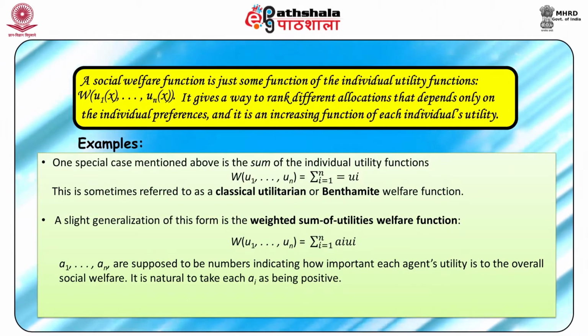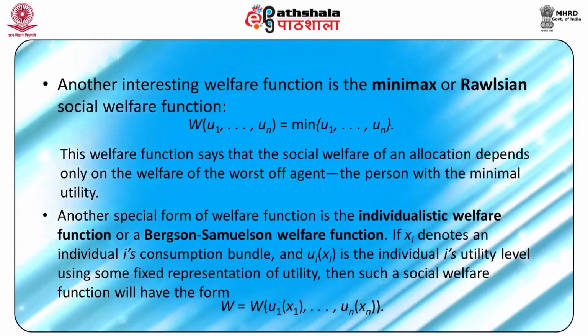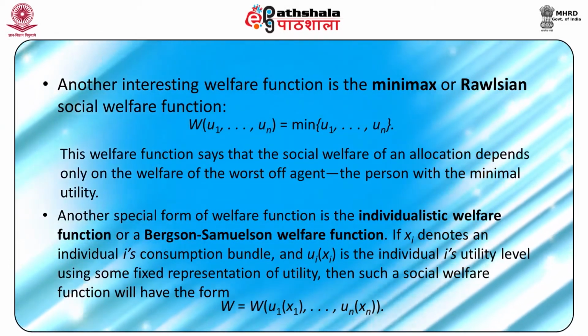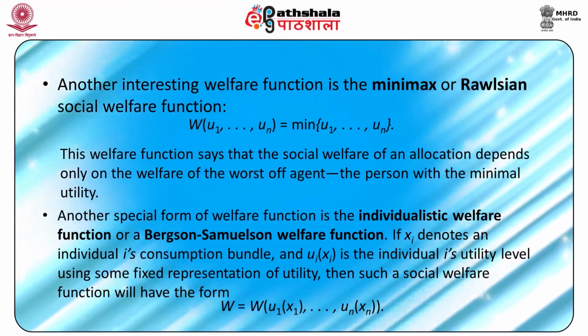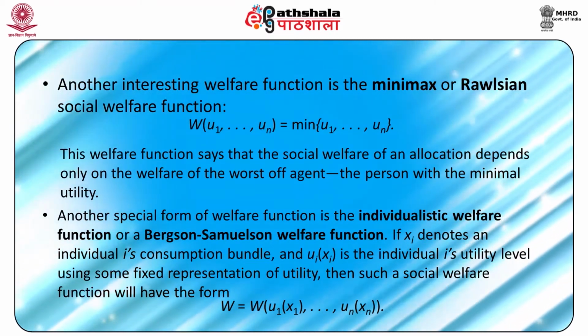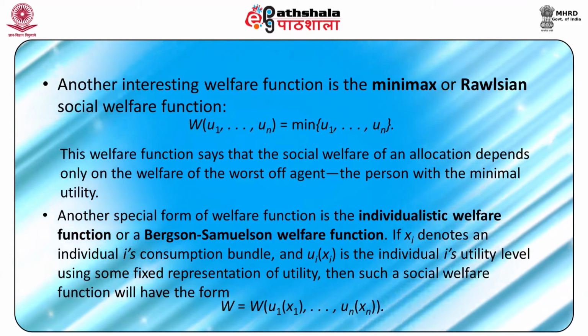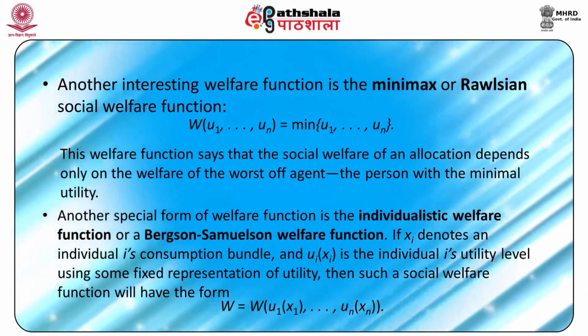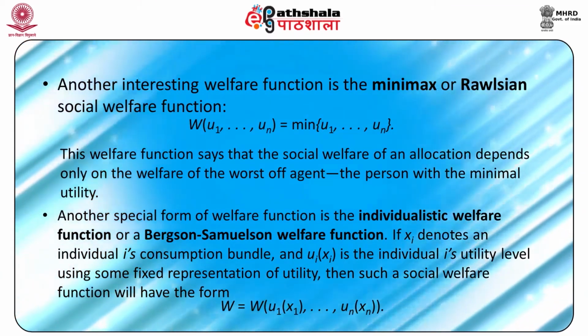It is natural to take each a_i as being positive. Another interesting welfare function is the minimax or Rawlsian social welfare function, which is given by W(u_1, ..., u_n) equal to the min of u_1, ..., u_n.